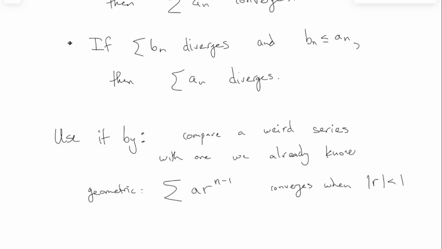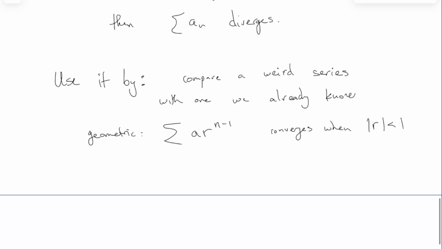And the other series that we are often going to compare with, we had the geometric and we also had the harmonic, but actually the harmonic is a special case of what we call a p series, and that is the sum of 1 over n to the power p. And this one we talked about just at the very end last time. This one converges when p is greater than 1. When p is less than 1, it diverges.